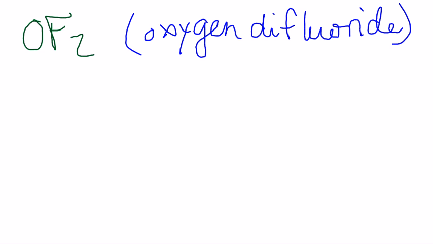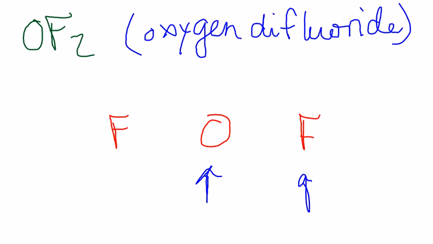First thing we want to do is write the atoms down that we're going to be working with. Oxygen, 2 fluorines. I arrange the oxygen here in the middle and the fluorines around the side. Usually when we have a formula that has 1 of one thing and 2 of another, we're going to put that single atom in the middle and arrange the others around it. So that's what I did.